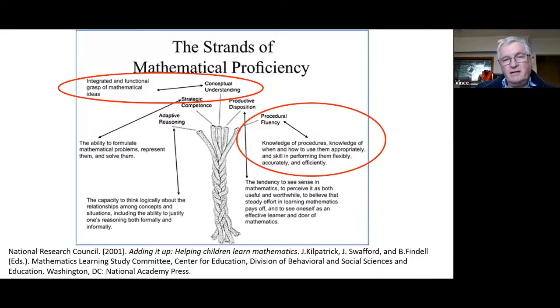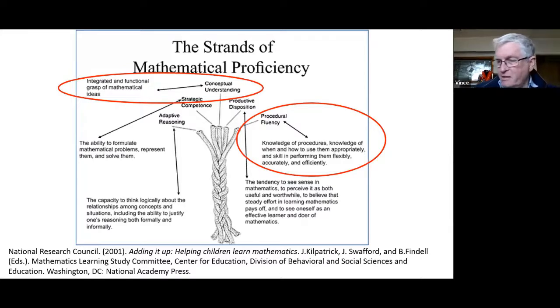Now, that doesn't sound that radical, but in the United States at that time it was, that someone would be saying, actually, you need to know how to do things. But notice also that there's a measure of understanding and flexibility involved in that. So the word flexibility is used alongside procedures.